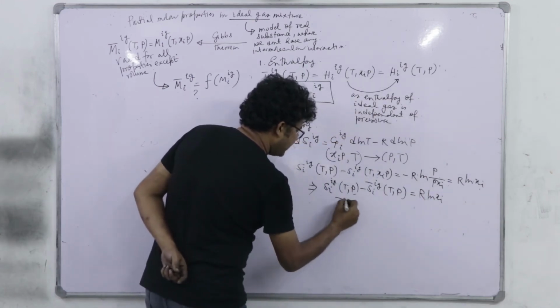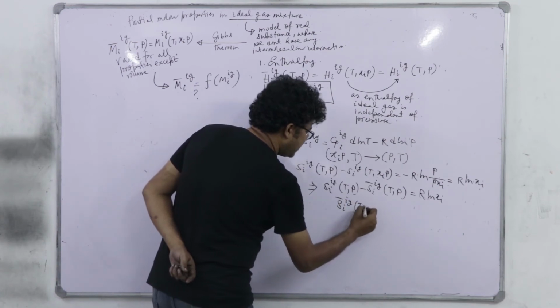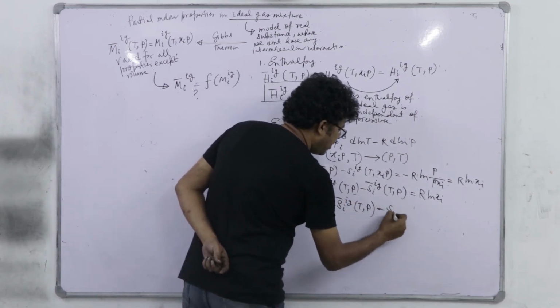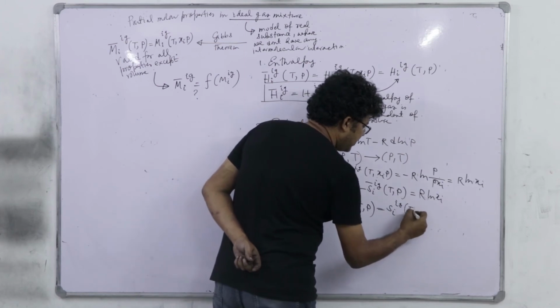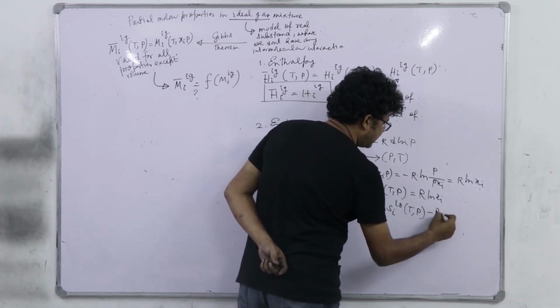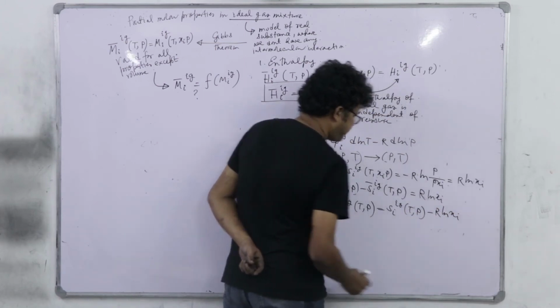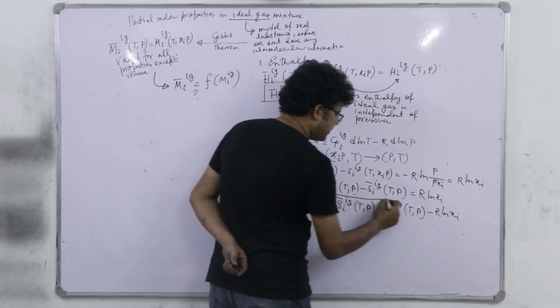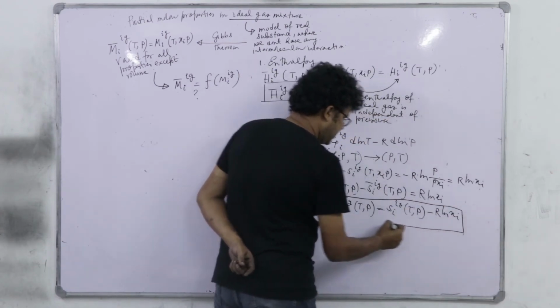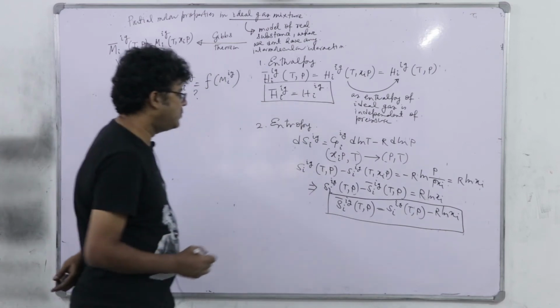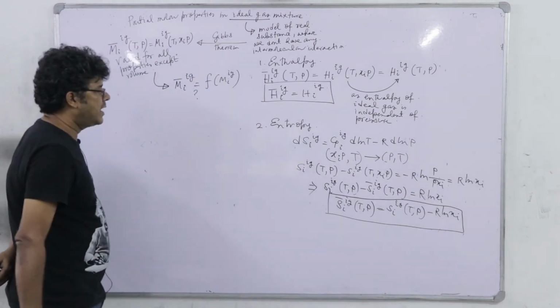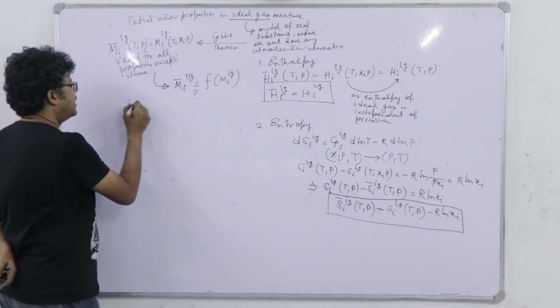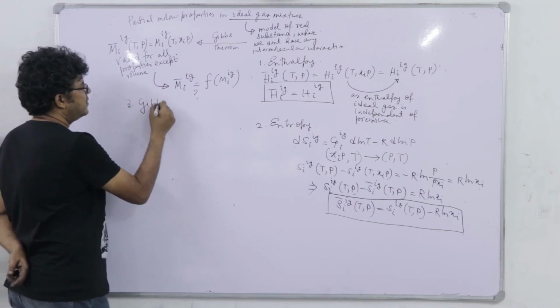So, Si bar Ig at T, P is SiIg at T, P minus R ln Xi. So, that is the relation of partial molar entropy and pure species entropy for ideal gas mixture. So, third is Gibbs energy.